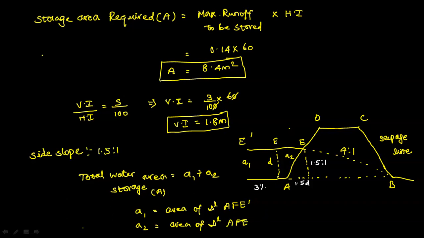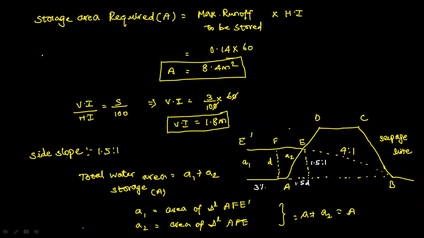So the total area storage A is equal to A1 plus A2, and A we have found out as 8.4 meter square.